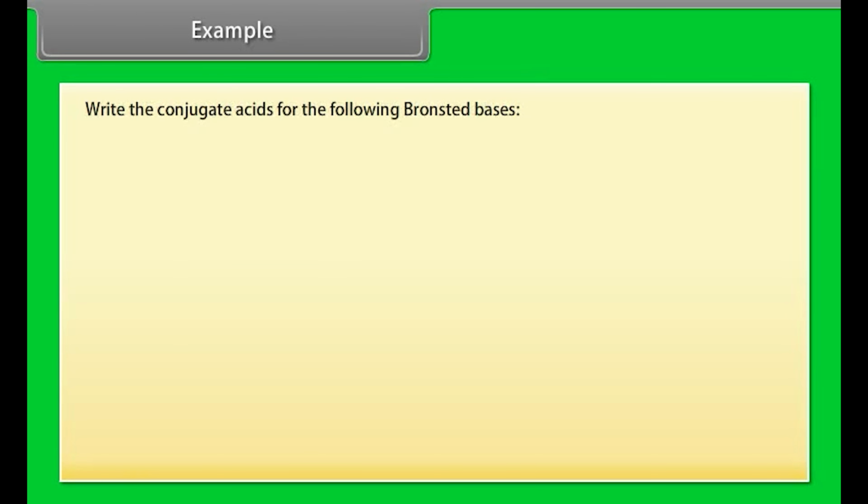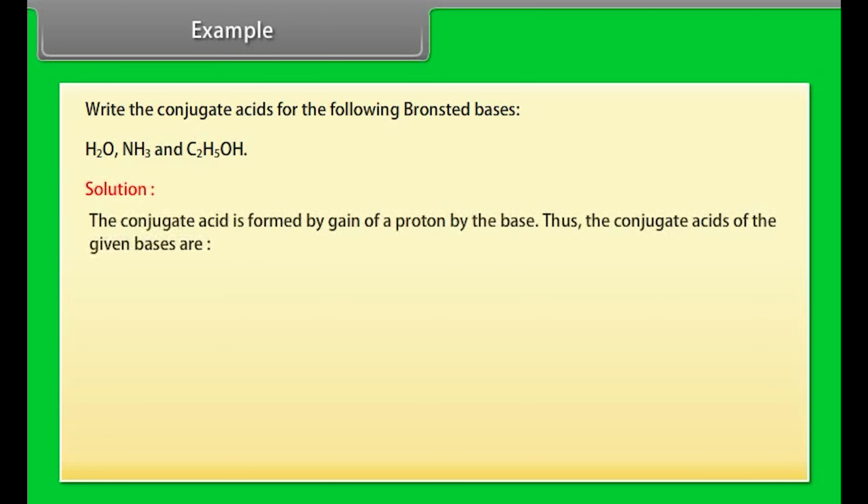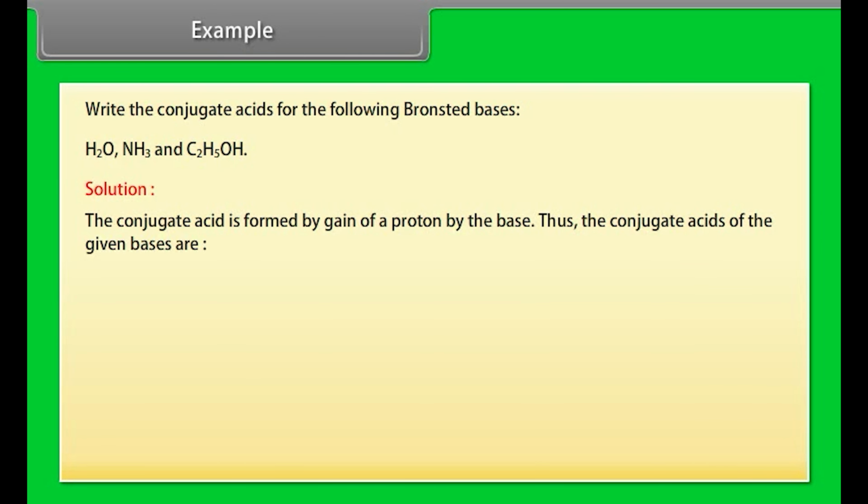Example: write the conjugate acids for the following Brønsted bases: H2O, NH3 and C2H5OH. Solution: the conjugate acid is formed by gain of a proton by the base.